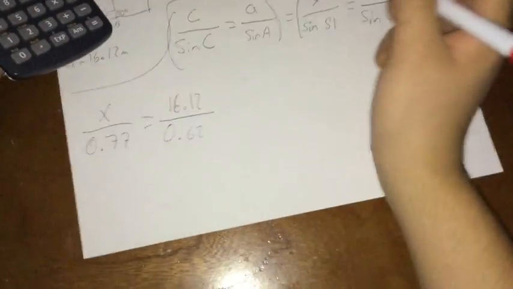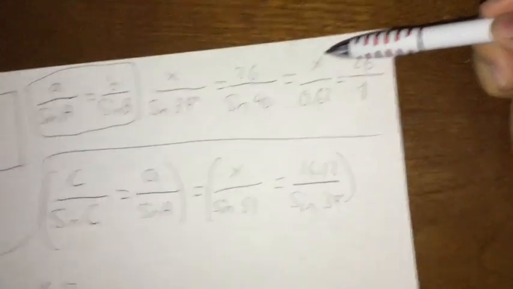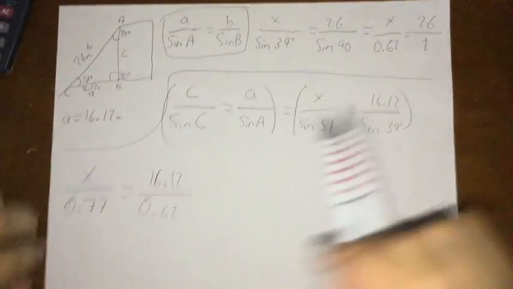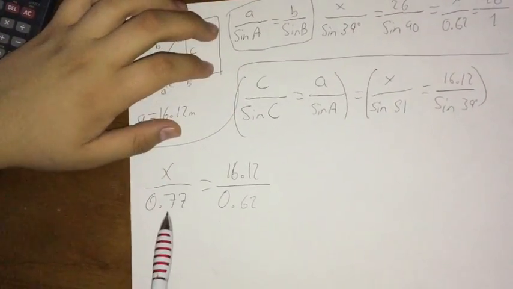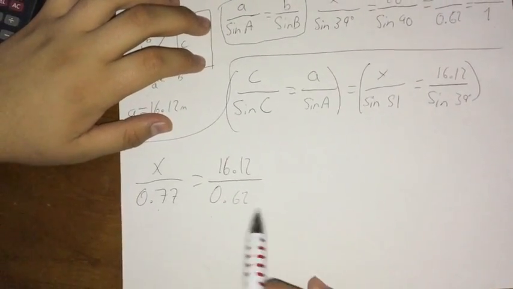And now, like in this one, we're going to multiply this times this and divide it by this.